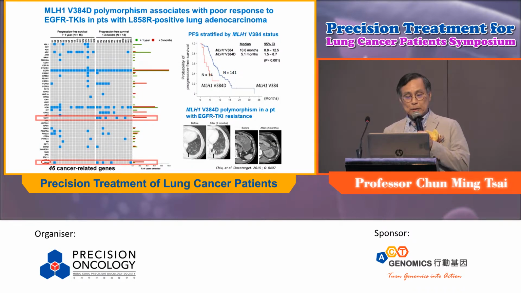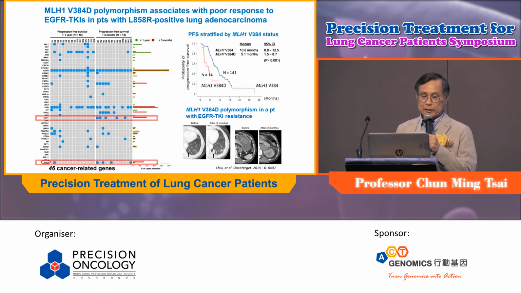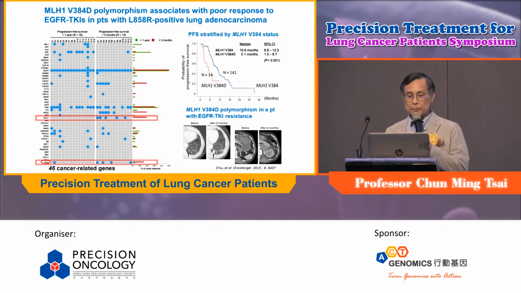Some years ago, we published a paper that we found MLH1 V3A4T polymorphism associated with poor response to EGFR TKI in patients with L858R positive lung adenocarcinoma.